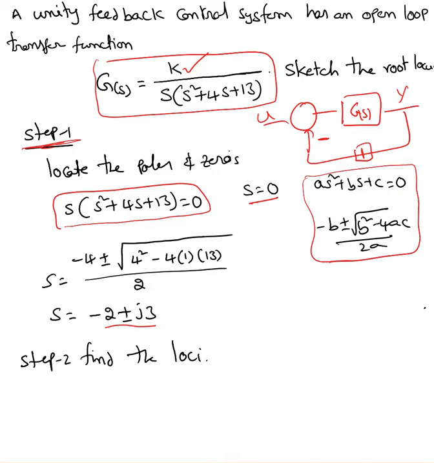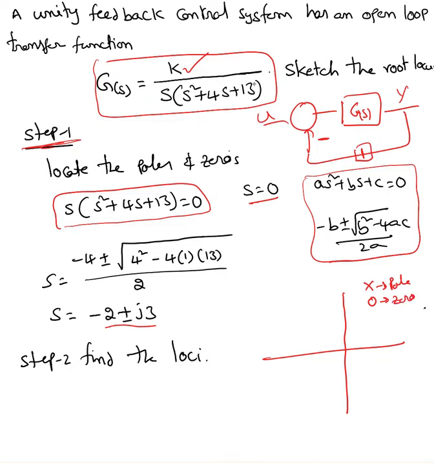Now step 2, find the loci. I can show you here, but at the same time I'm going to do it on the main graph. I didn't use the main graph in the first video, but I'm going to use it here. Usually I represent poles with the cross mark, and zeros with a circle.